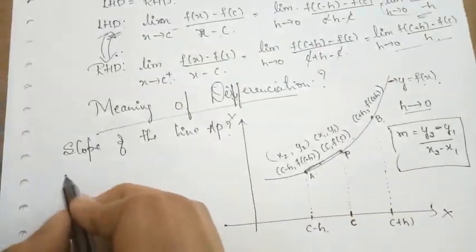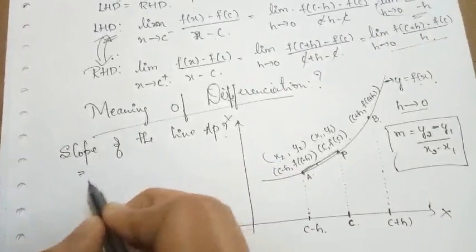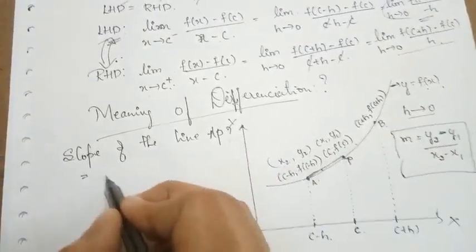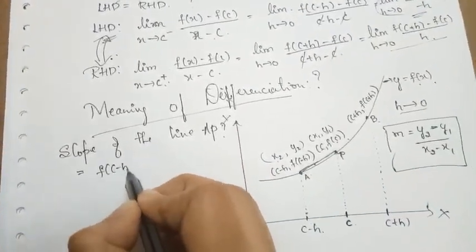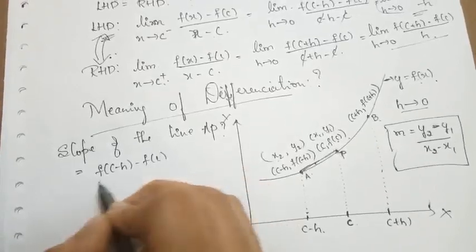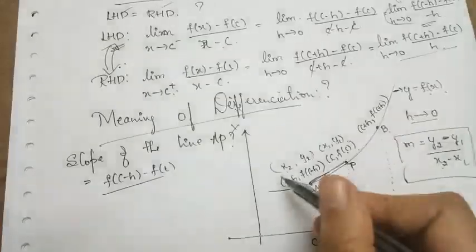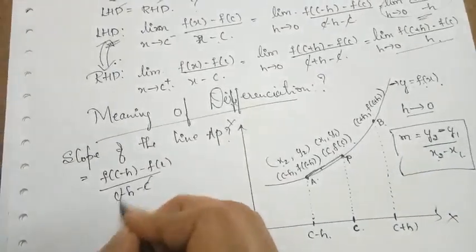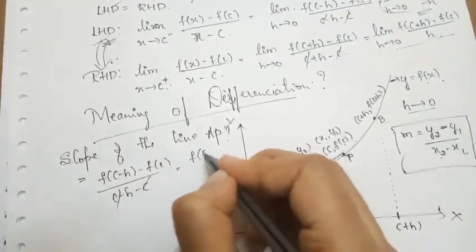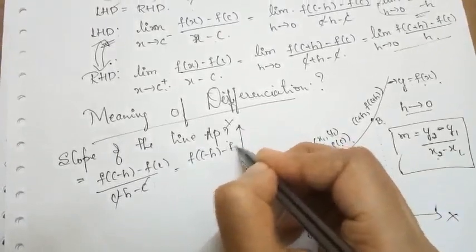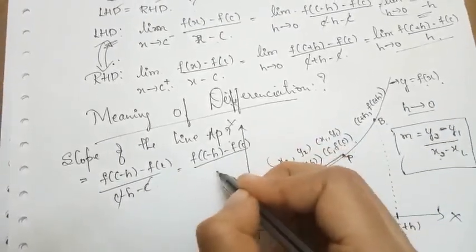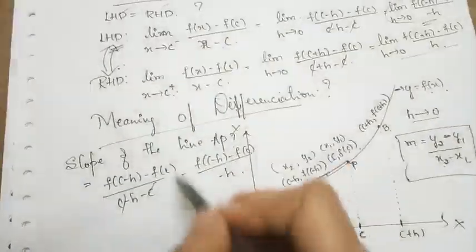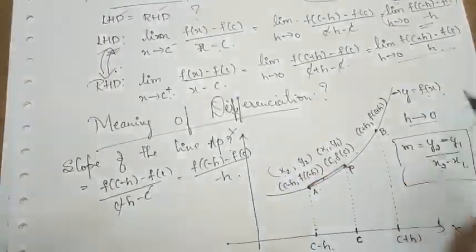So clearly the slope of the line AP is equal to y2 minus y1, so f of c minus h minus f of c, divided by x2 minus x1, that is c minus h minus c. See, this cancels. We are going to get f of c minus h minus f of c divided by minus h. So this is the slope of the line AP.